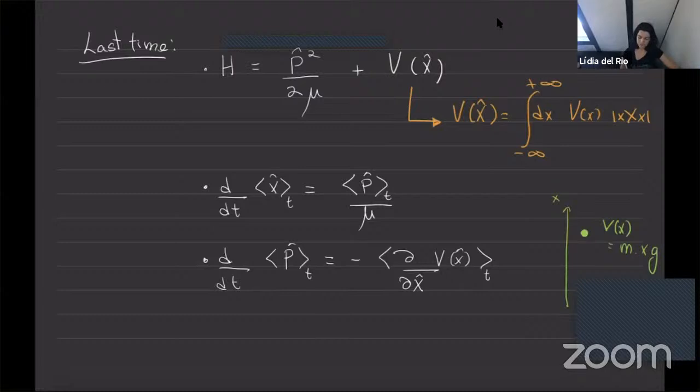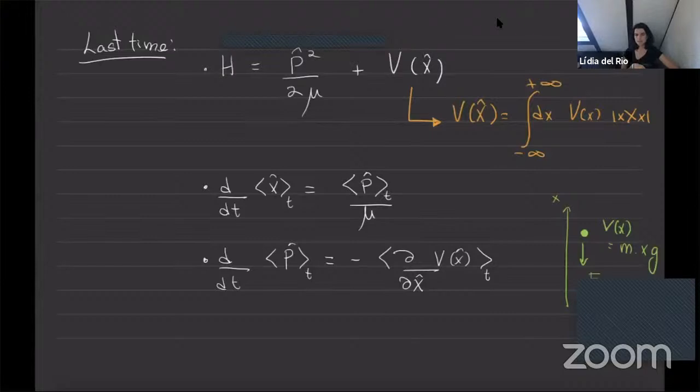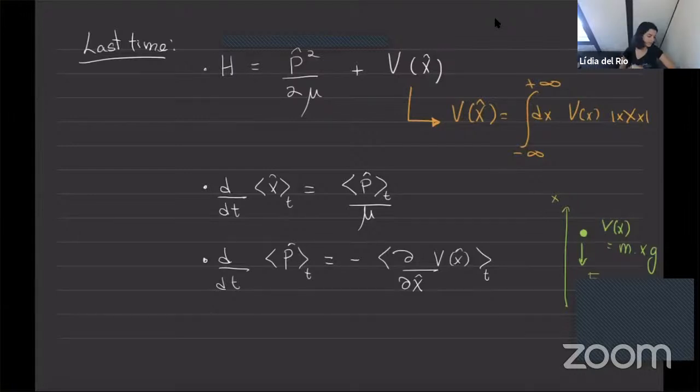The potential V of x gets higher the higher the object is, and the force is minus mg, which is the derivative of this potential with respect to x with a minus sign, because the force is always pulling against the potential gradient.